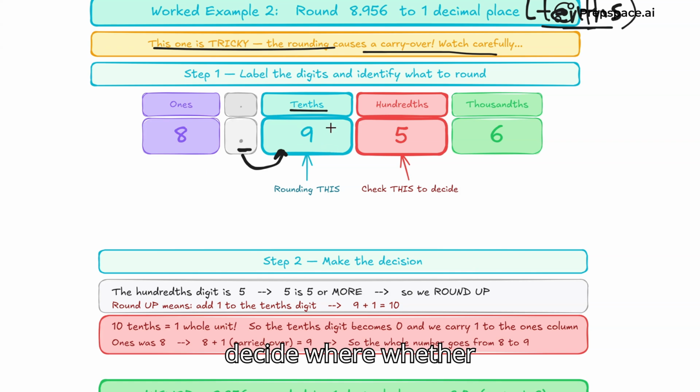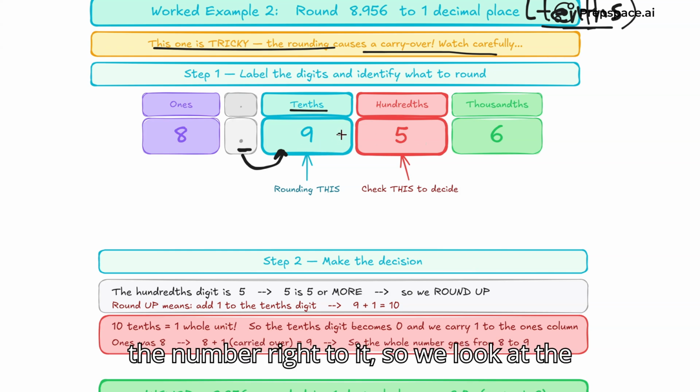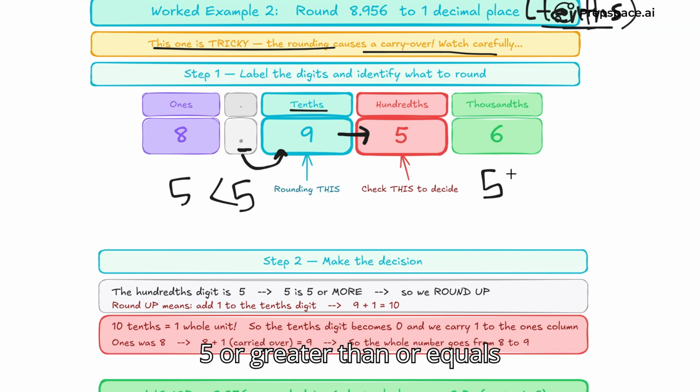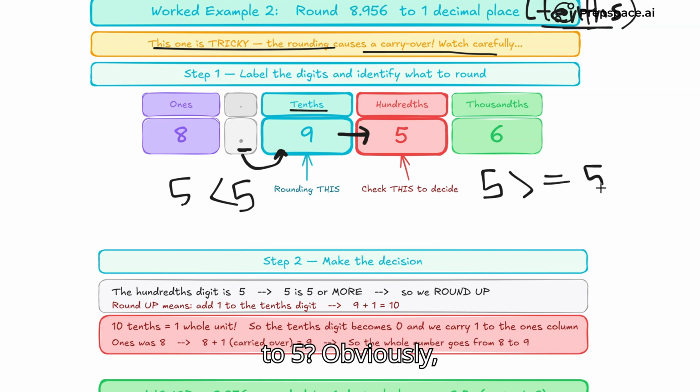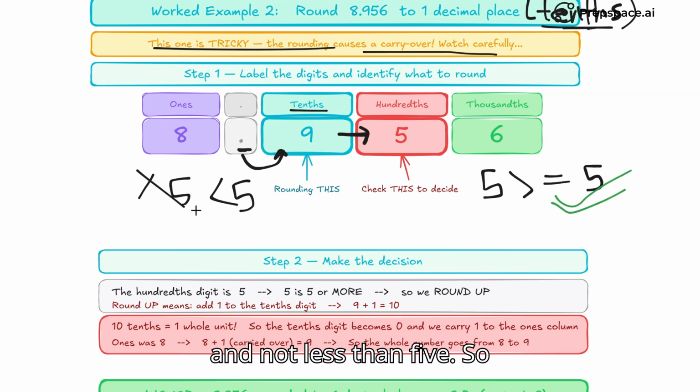Now to decide whether to round 9 up or down, we look at the number right next to it. So we look at the number 5. Is 5 less than 5, or greater than or equal to 5? Obviously 5 is greater than or equal to 5 and not less than 5.